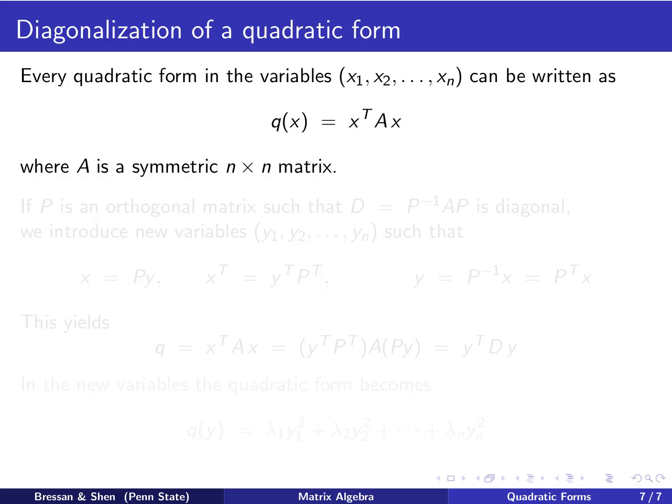We can now put this knowledge into our study of quadratic forms and see what that implies. Namely, we want to see how to diagonalize a quadratic form. We have shown already that every quadratic form in the variables x1, x2 to xn can be written in the form x transpose times a matrix A times x, where A is a unique symmetric n by n matrix.